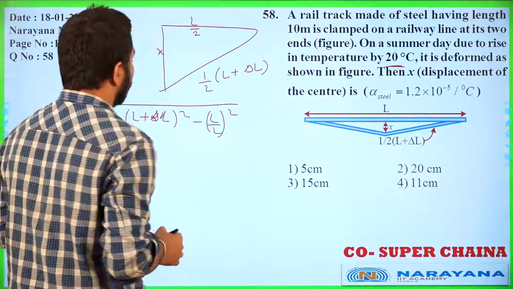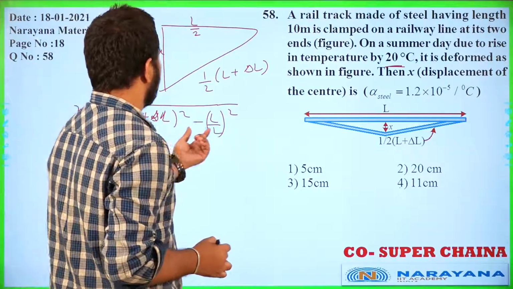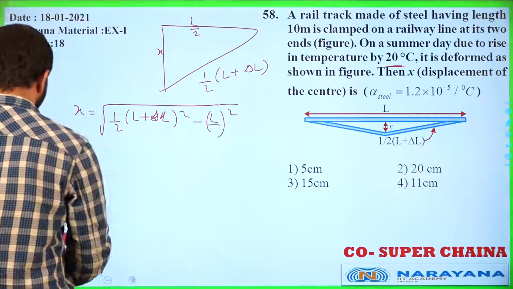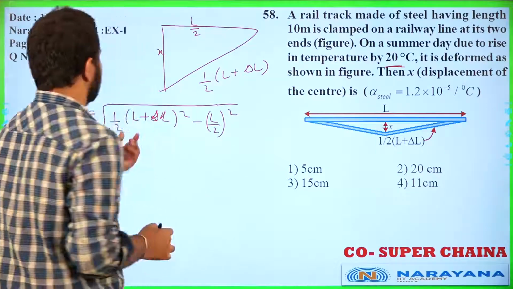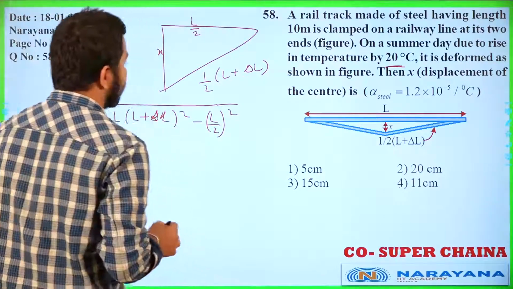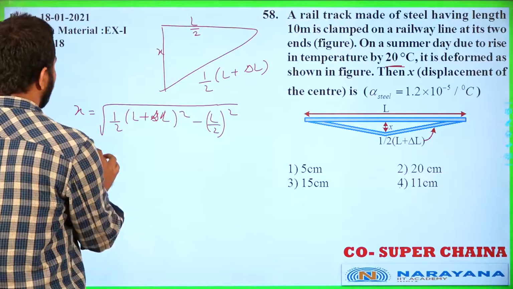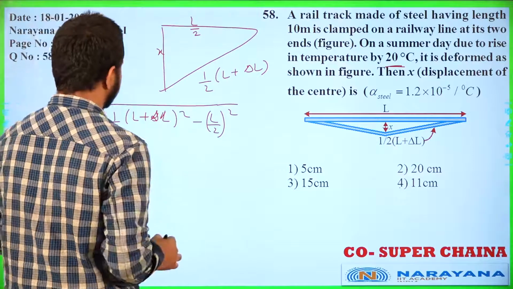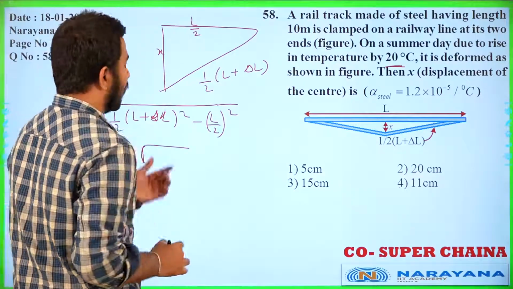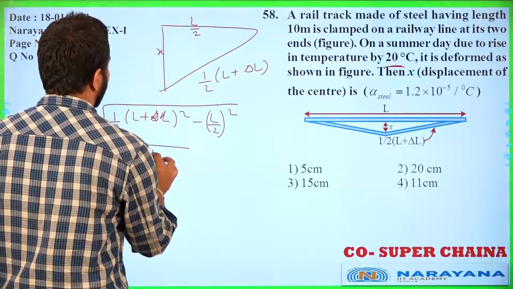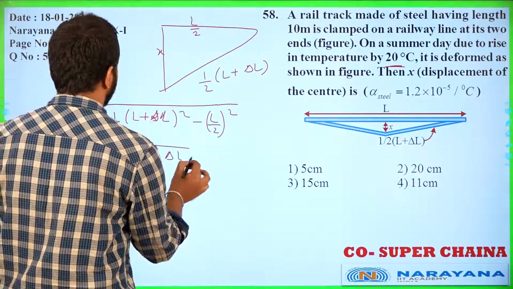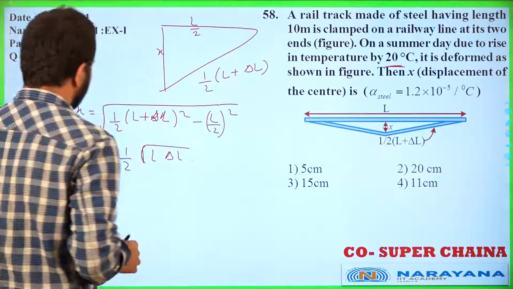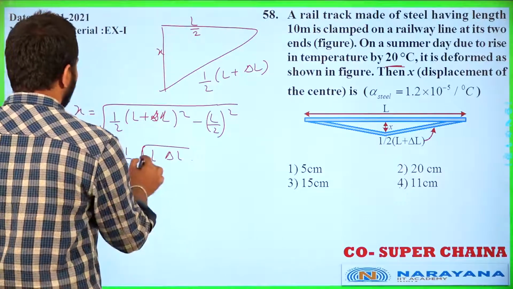So if you substitute here L plus delta L, we can write x as half into under root of 2L delta L. Delta L value you can substitute here.